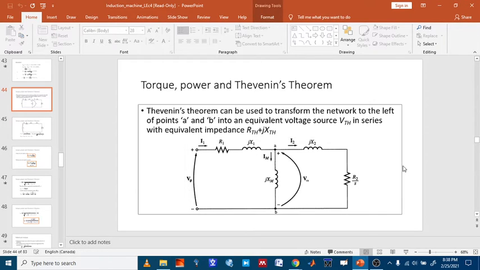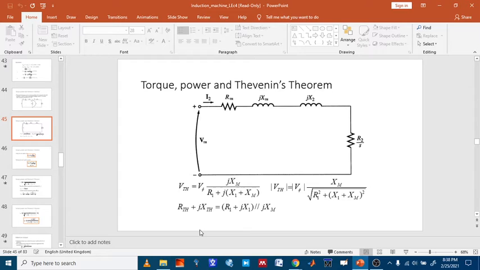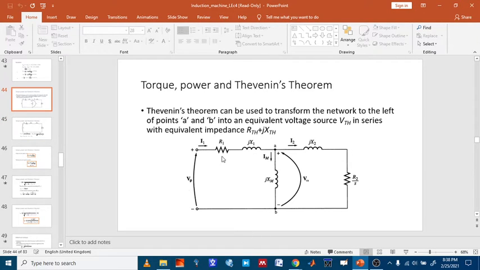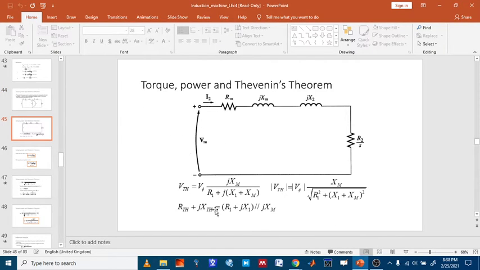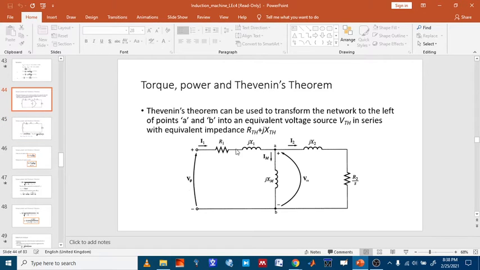That will be for the RTH, the JXTH, Thevenin's equivalent resistance and line inductance. One is given by R1 plus JX1 in parallel with JXM. This and these are in series, and they are in parallel with this. That's Thevenin's equivalent line impedance. So this is the generalized equivalent circuit of the induction machine.